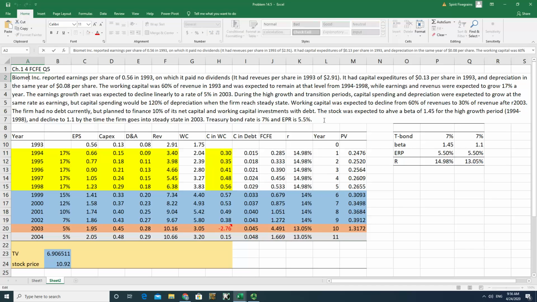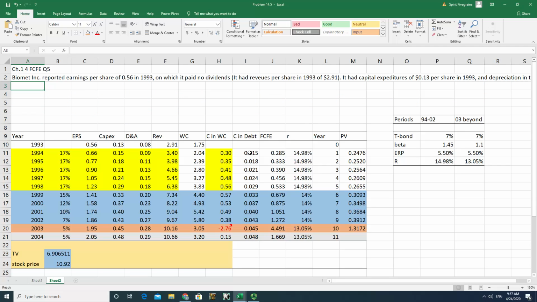Okay, the company plans to finance 10% of the net capital and working capital investment with debt. Net means capex minus depreciation, amortization, plus working capital investment, the change in working capital, then times 10%.